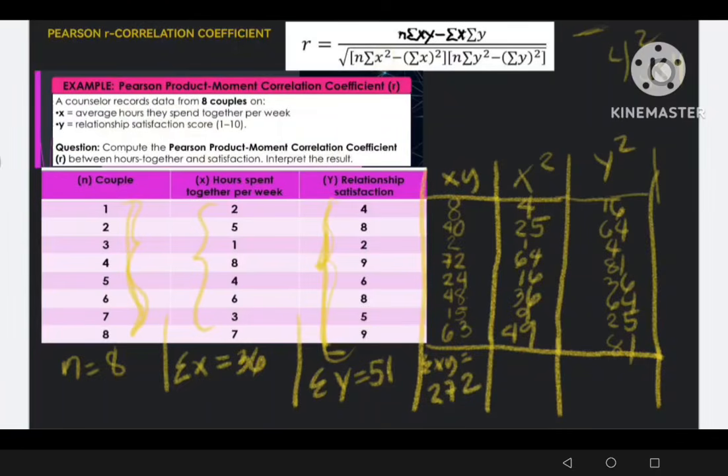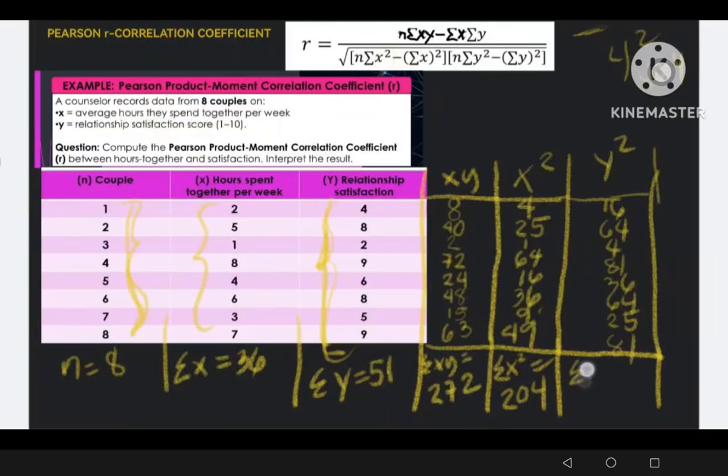Okay, next one. We have X squared. Just add that: the summation of X squared is equal to 4 plus 25 plus 1 plus 64 plus 16 plus 36 plus 9 plus 49. Add it up together, and using our calculator, that is 204.